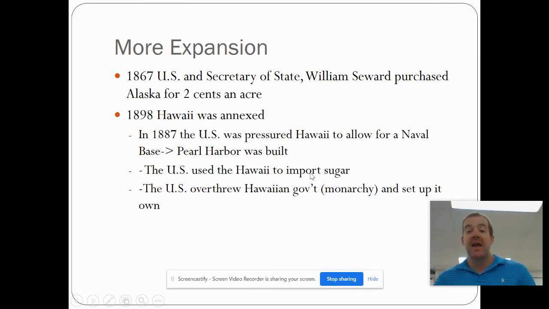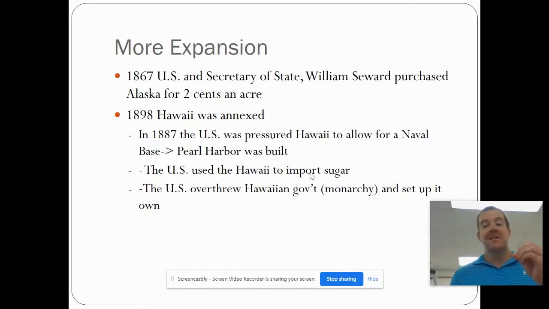These are areas where the United States expanded. All right, so kind of predating the time we're studying around the turn of the century, we look at the 1867 purchase of Alaska. So the United States is starting to expand here, going into Alaska, buying it for 2 cents an acre.